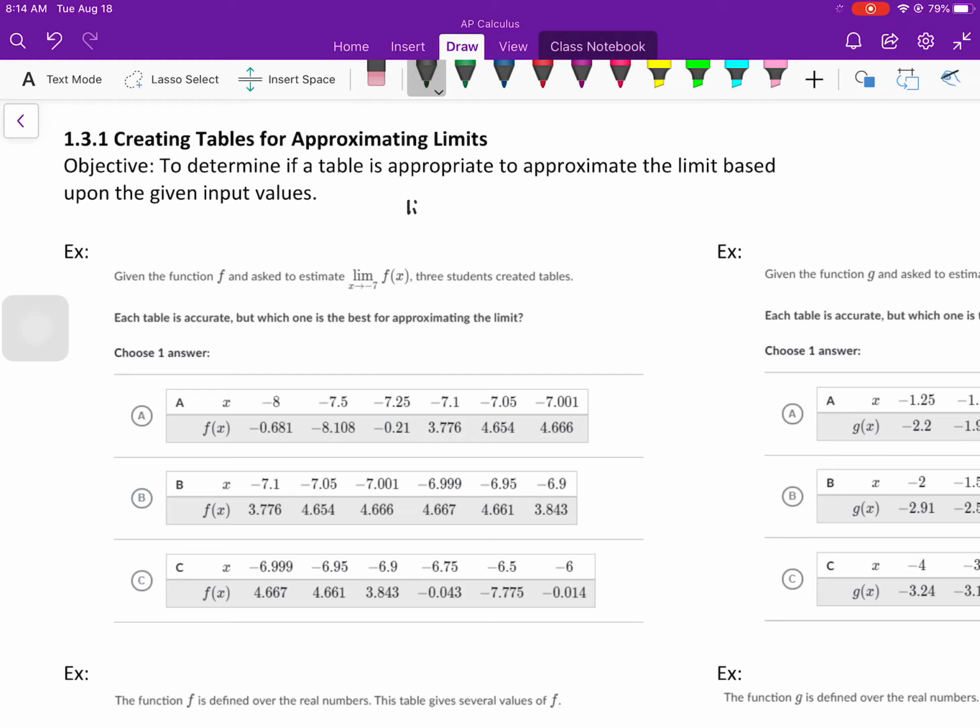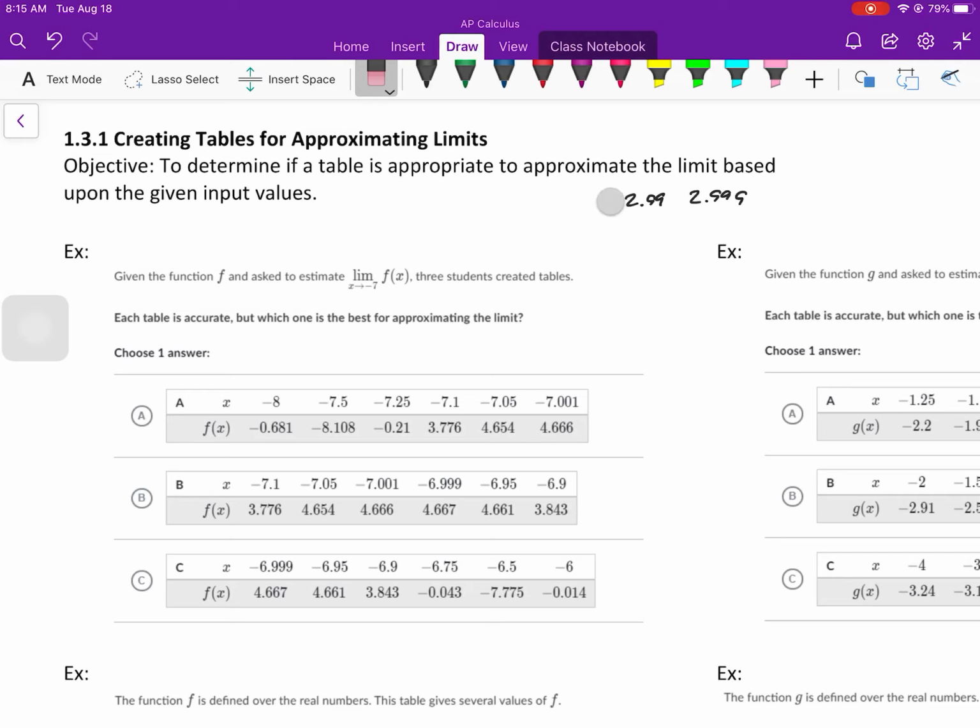For example, let's say we want the limit as x approaches 3. We wouldn't want our values to be like 0, and then 1, and then 2. That's not approaching 3 infinitesimally. We want it to be getting super, super close, like 2.9, 2.99, 2.999.